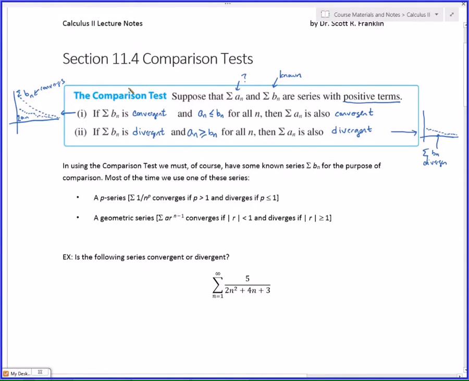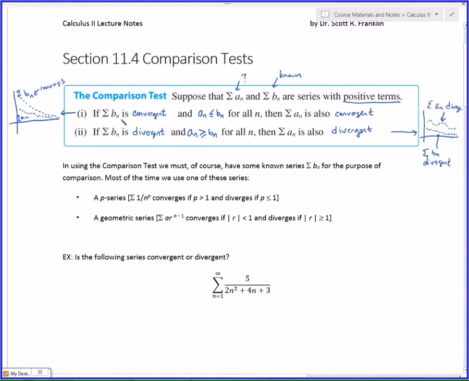Over here convergent, over here divergent. So if the thing underneath is divergent, then anything up here above, right, the a sub n, would also diverge. Sorry, that's kind of sloppy.